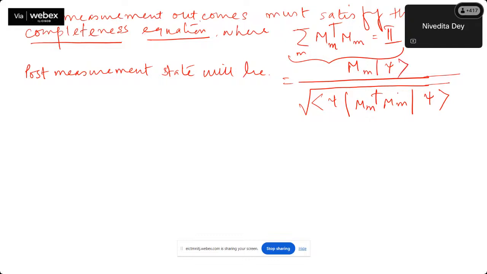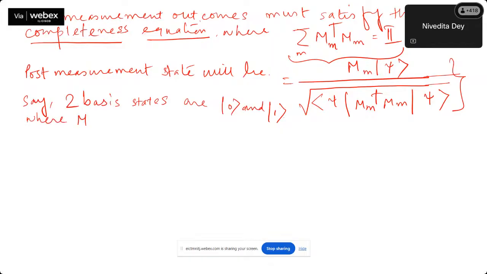Okay. So this is that particular generic form of the measurement postulate. Now say I have two basis states, and they are ket 0 and ket 1, where measurement outcome M0 is nothing but the outer product of 0, 0, which will be a matrix, and M1, which is for 1.